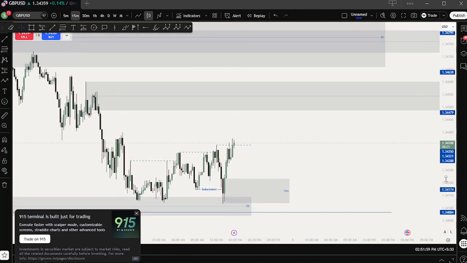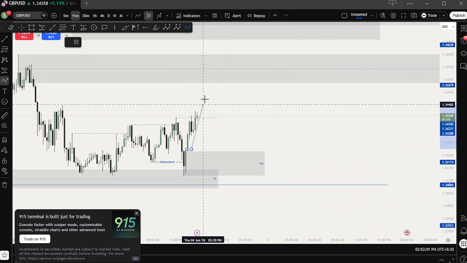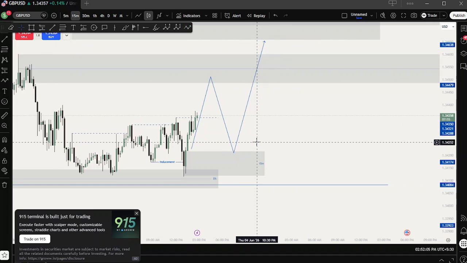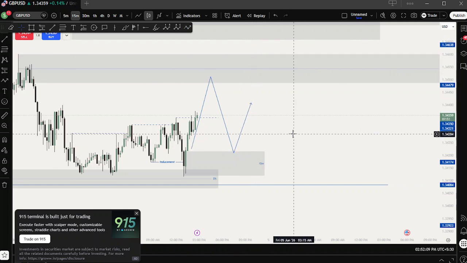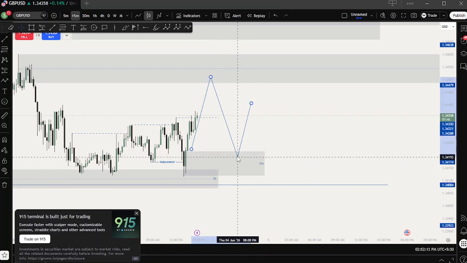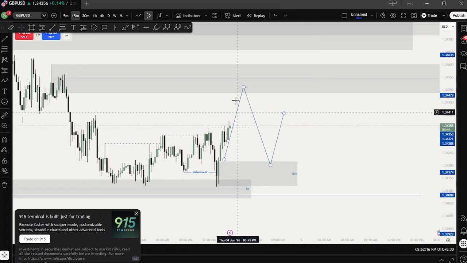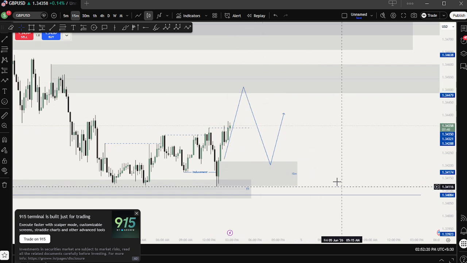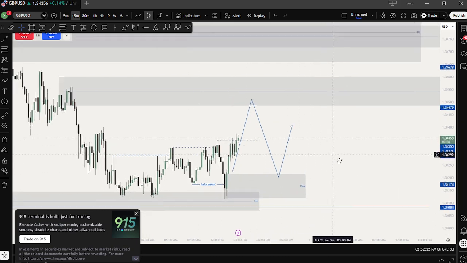So if price does this, then I will be reluctant to enter at this moment, because it has already mitigated a potential zone which could potentially lead to the break of this whole structure down here.